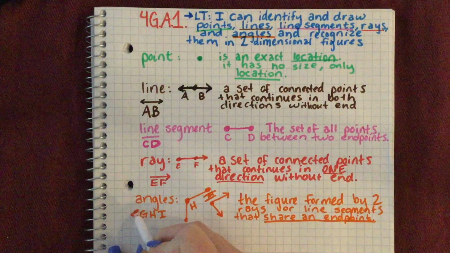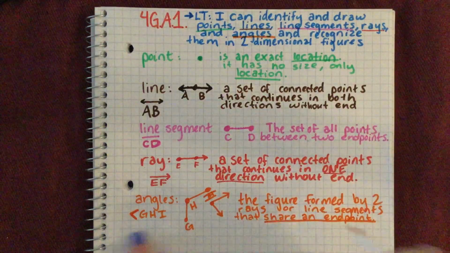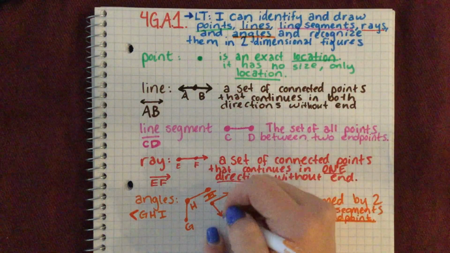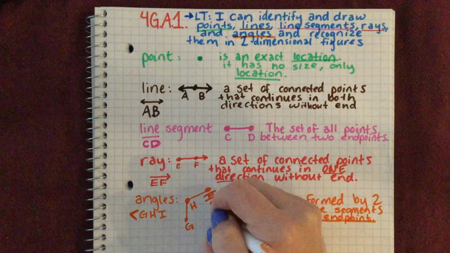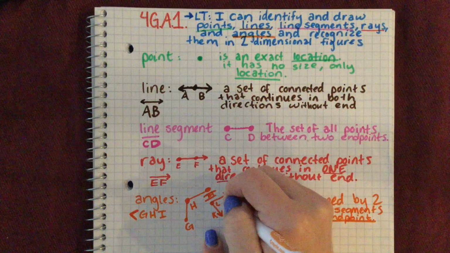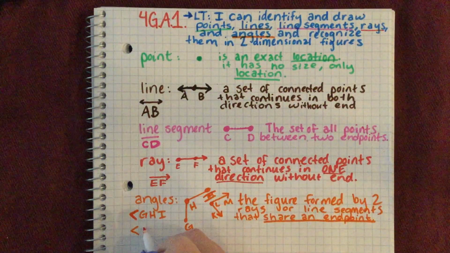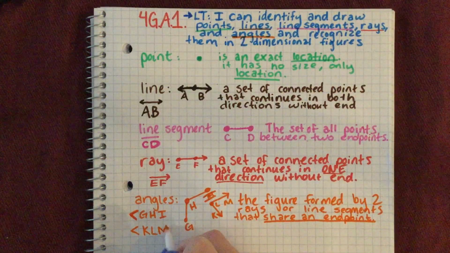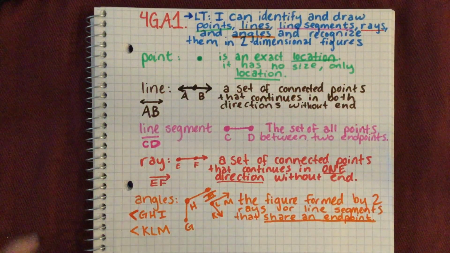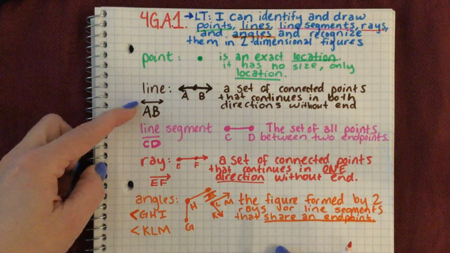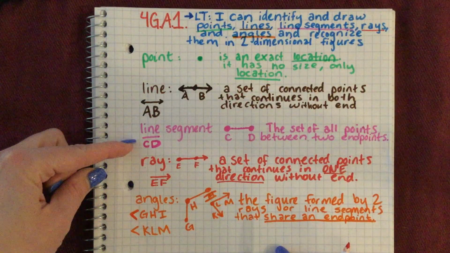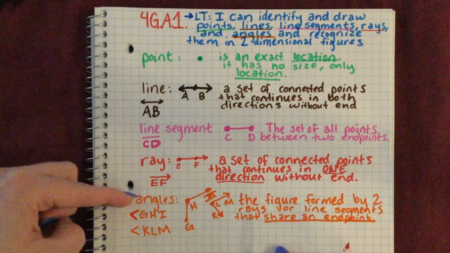So we use the little angle symbol to show that it's an angle. And we'll name this one angle KLM. So here are the symbols for line segment, for ray, and for angles.